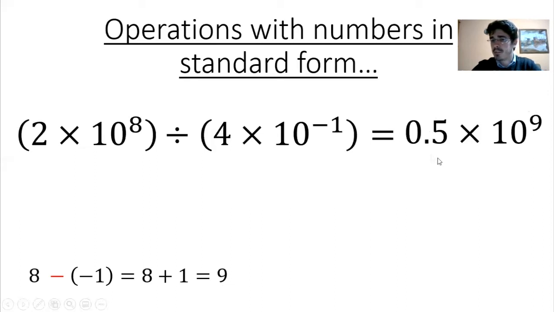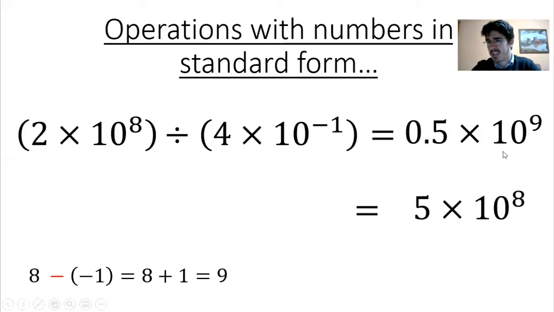The problem here is this is not between 1 and 10, so I have to transform this number. Well, what can I do? I can move this point one place to the right, okay? But I need to multiply this number by 10 to do that. Well, I can take a 10 from here. So I multiply this 0.5 by 10 and I get a 5.